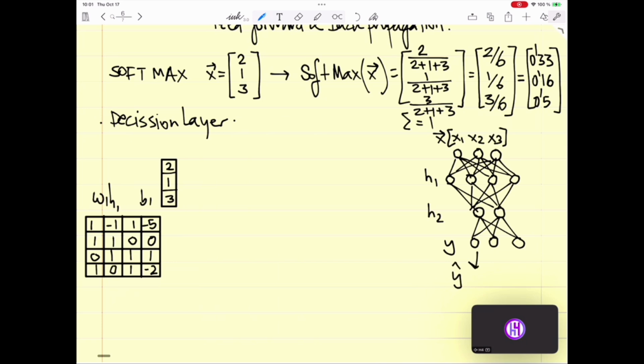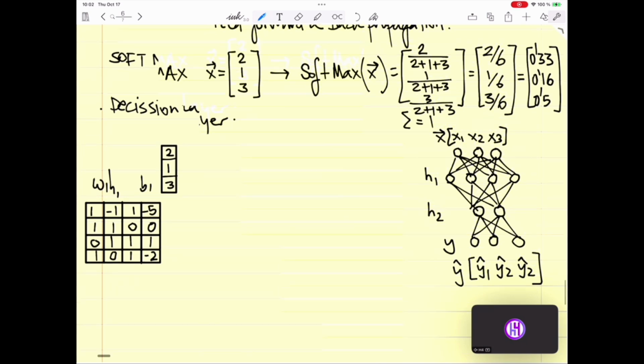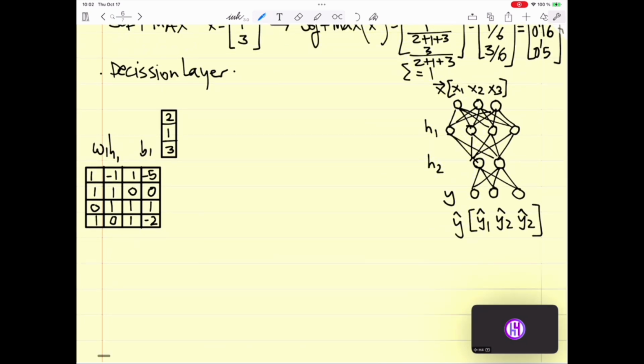And then I have my output vector here with y1, y2, y3. In our feed forward, so this is our setting. Let's get the numbers for the example.